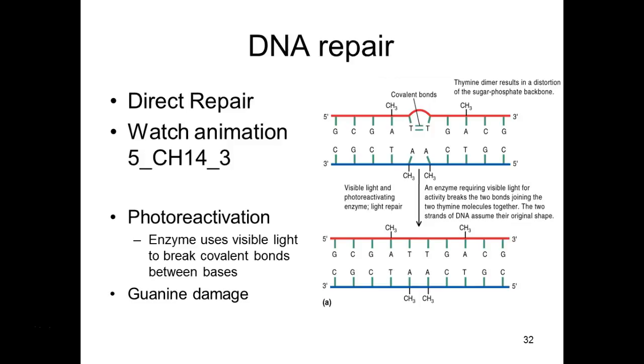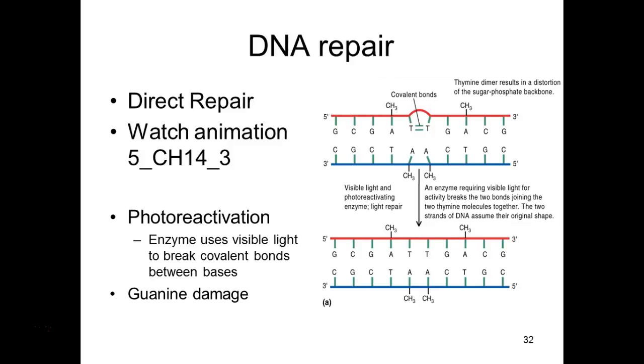So direct repair is for thymine dimers, and also guanine can sometimes be damaged. The reason it's called direct is that the enzyme directly attaches, and then light energy, which is why it's sometimes called photoreactive or light repair, is used to break the bond.